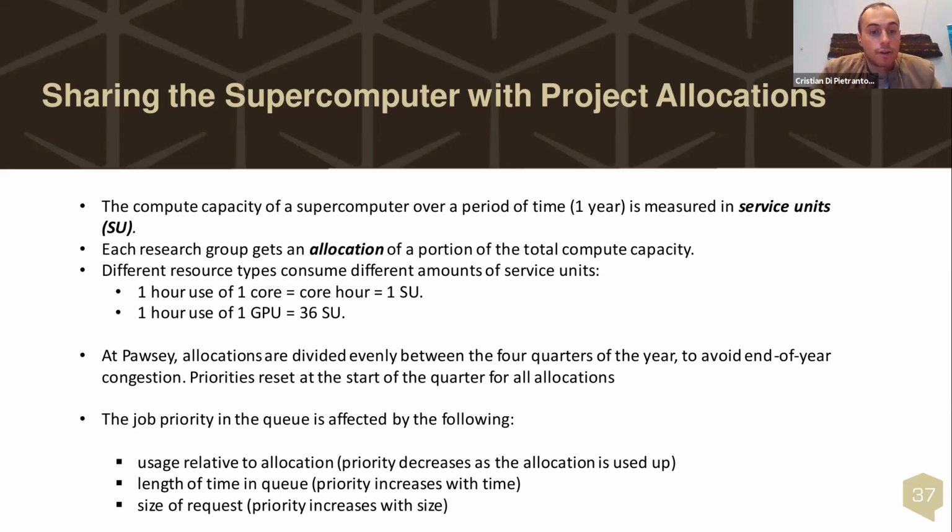For instance, if you have only used a small fraction of your allocation, then the scheduler will more likely give you a higher priority than jobs of projects that have already consumed a huge part of their allocation. We also favor large jobs, that is jobs using many cores, because that's the best use of a supercomputer, running programs that cannot be run on normal computers.